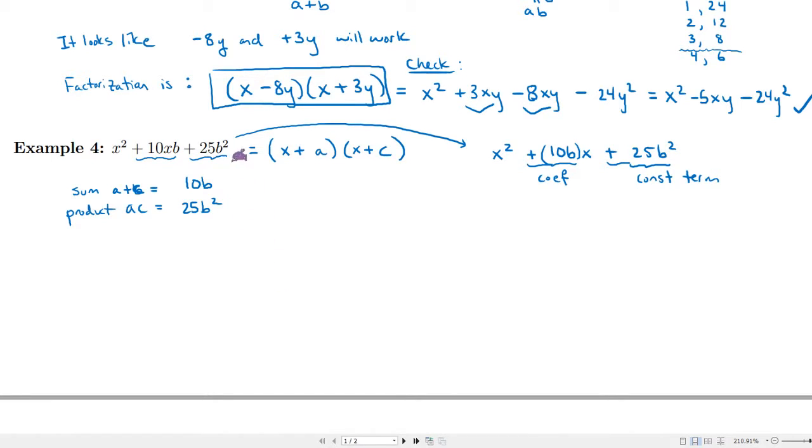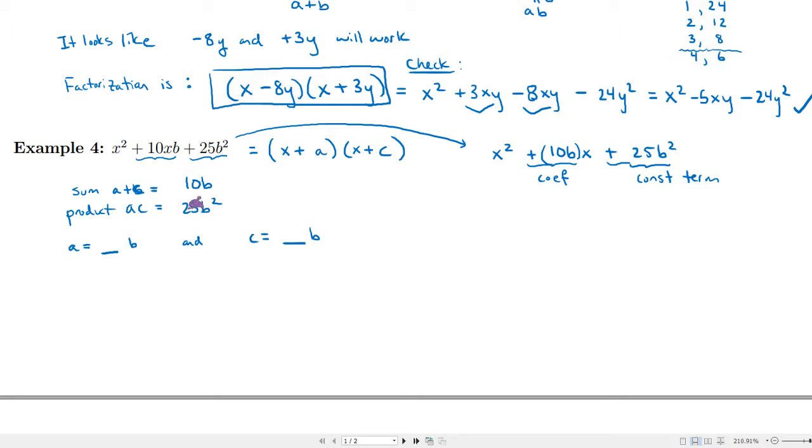So we do have this extra variable floating around, but if a times c is going to be 25b squared, then each of them is going to have a b in it. So we know a equals something b and c equals something b is going to work, because when I multiply these two together, that's how I'm going to get this b squared. So now we have to fill in these blanks.